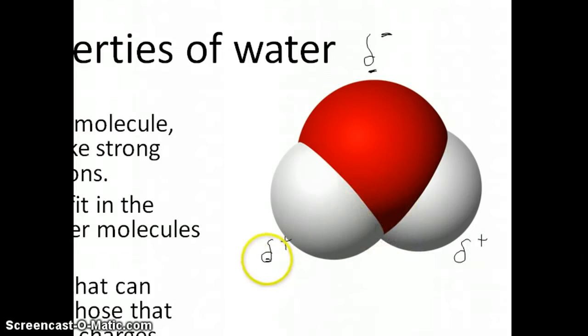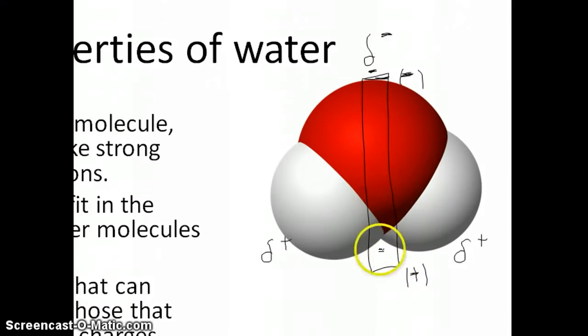The way we represent this is as follows. We can think of water basically as having two poles. If you represent this using something like a magnet, for example, you can think of this part as the negative end of water and this part as the positive end of water. And so this is what we call a dipole, and any molecule that displays this type of property is called a polar molecule.